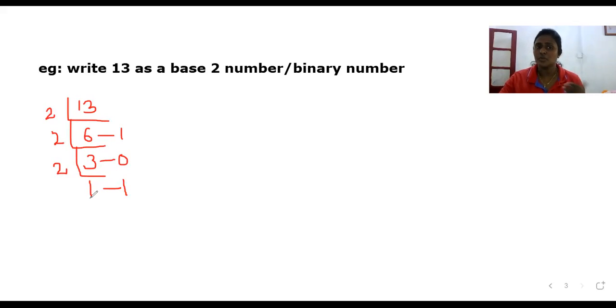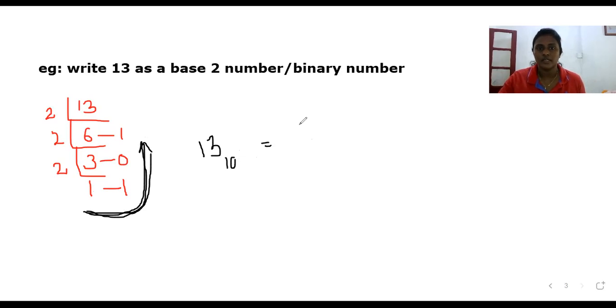So like this, now this is over. Then we write these values like 1, 1, 0, 1. So 13, this is a decimal number, so that's why I wrote the base. This is the order. Okay, don't start from the top to bottom.